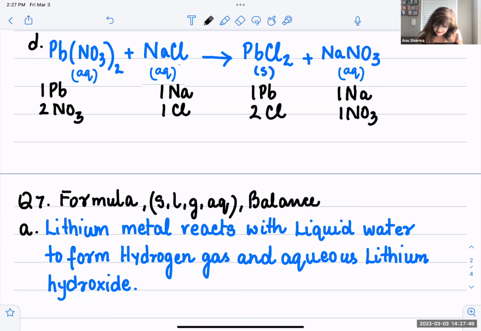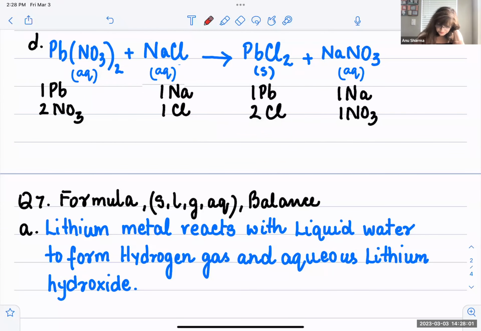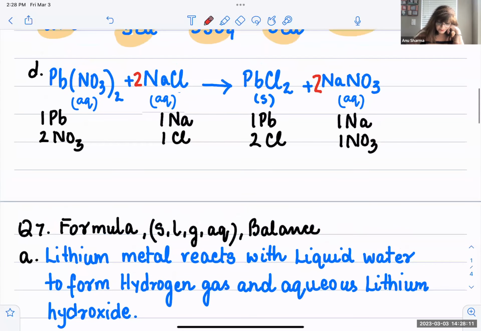Okay, so what is not balanced? Lead is balanced, sodium is balanced, chlorine and nitrate are not balanced. So there are 2 chlorines on one side, and the nitrates are 2. So let's put 2 here. Okay, so this 2 applies to sodium and this 2 applies to chlorine.